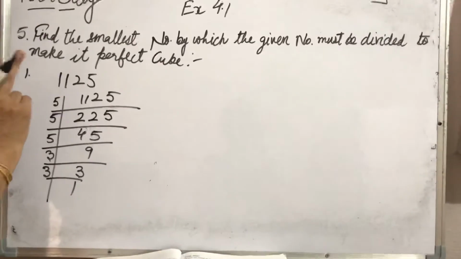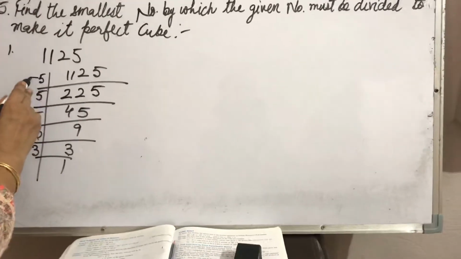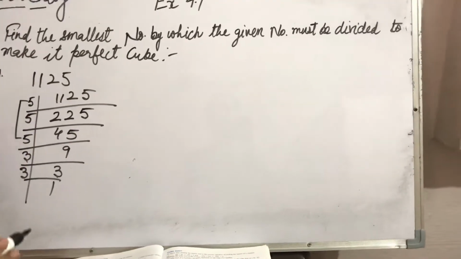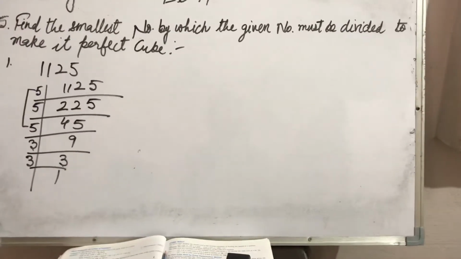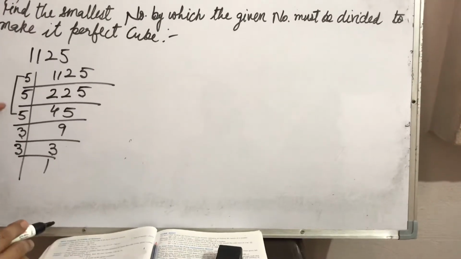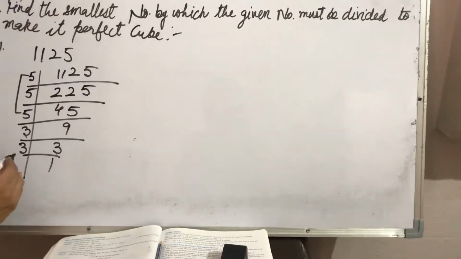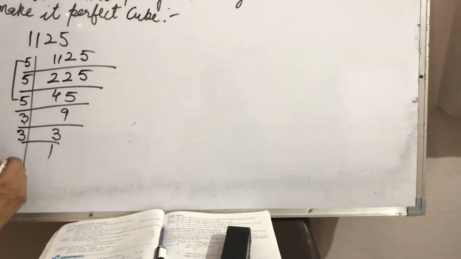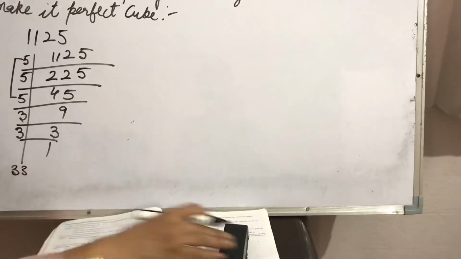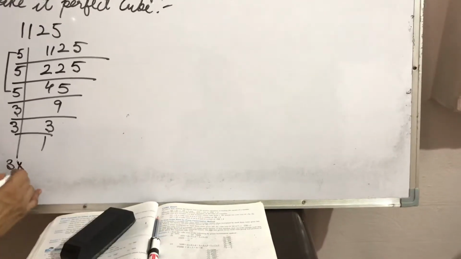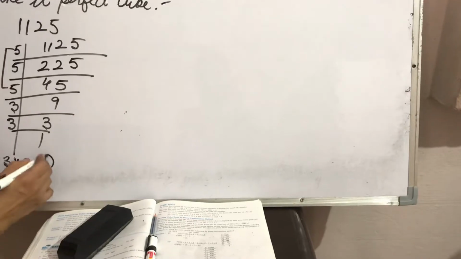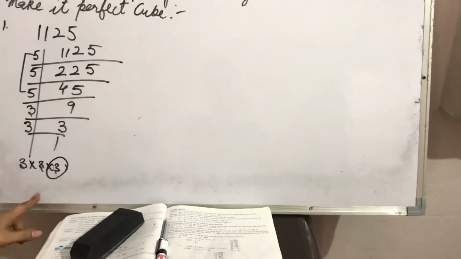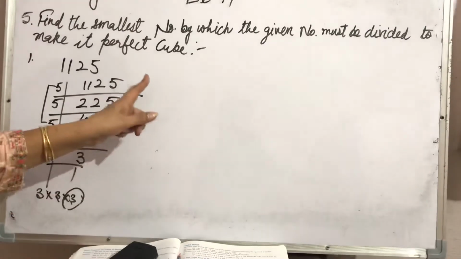For cube root we have to make triplets. Triplet means 3 digits of the same kind should be there. So one triplet is there, and this 3 and 3. If we add one more 3, we already have two 3s, it means we have multiplied by 3 to make it a perfect cube.